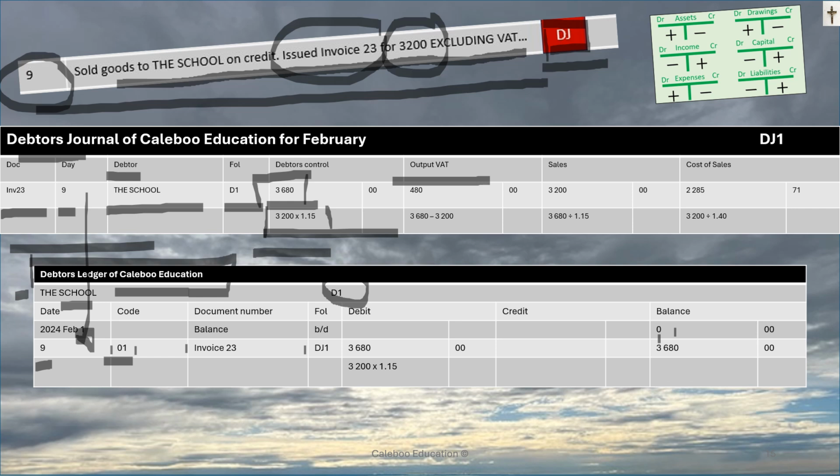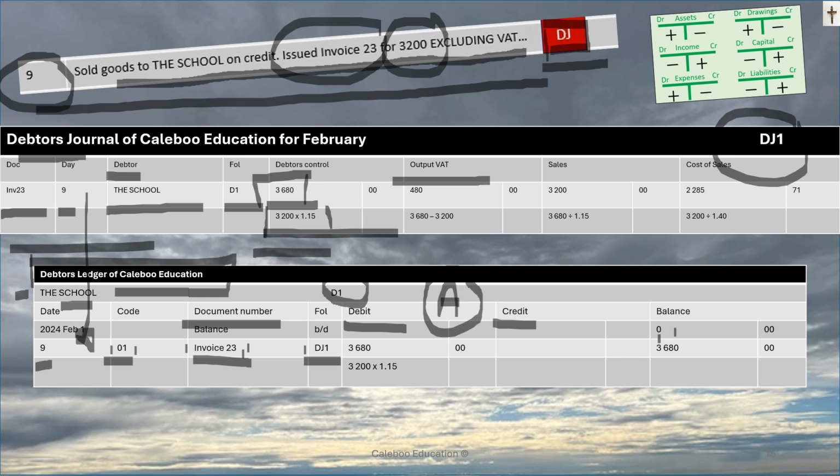And in the debit column of this debtor's ledger, look at the layout. Remember, you must put the document and the document number under the document number column. And where did the information come from? Debtor's journal number 1. Now this is very important. I like to follow my rules. A debtor, if you remember, is a current asset.